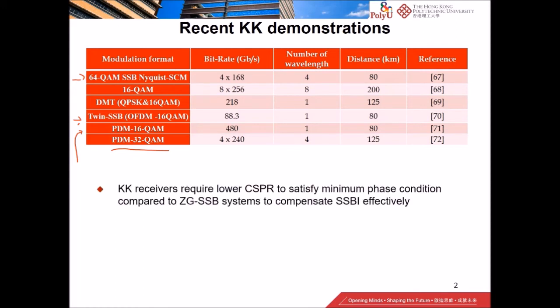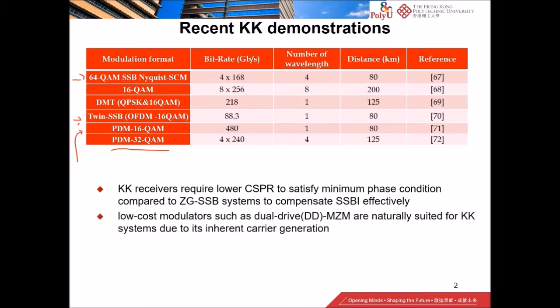So it turns out that KK receivers generally require lower CSPR to satisfy the minimum phase condition compared to the zero guard band, single sideband signals that we have discussed in the previous session to compensate the SSPR effectively. So in a way, the KK receiver has a less stringent requirement on the CSPR.